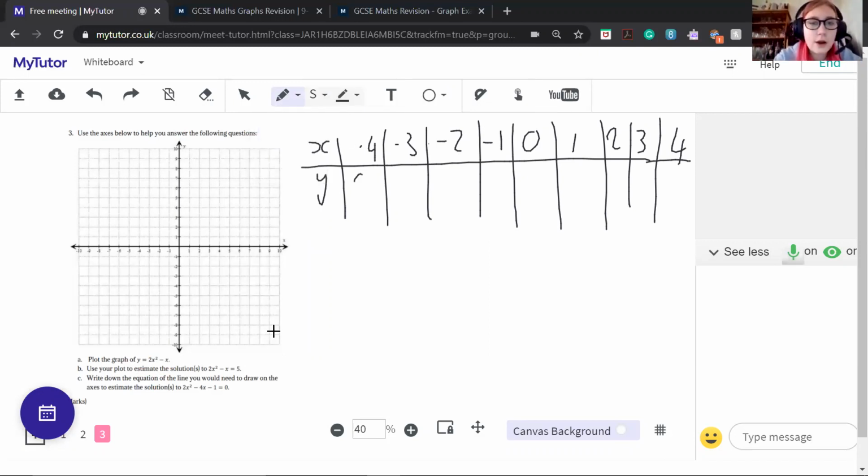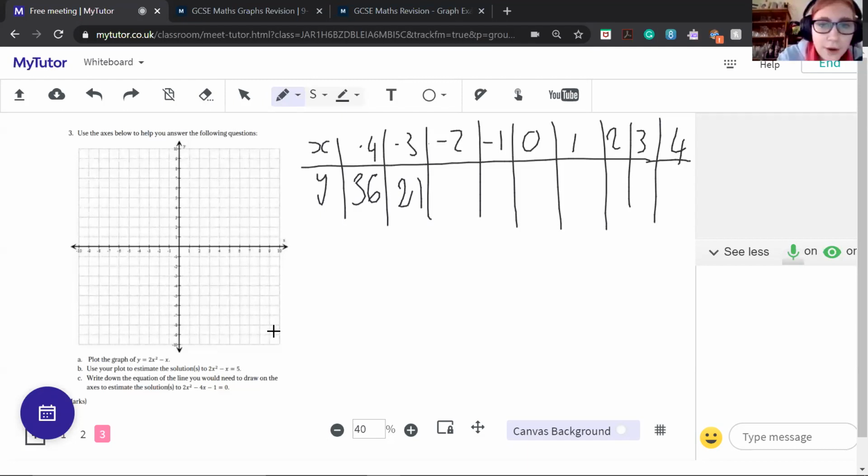So we know it's really high, but we can't plot it. Minus 3 squared is 9, times 2 is 18, minus 3 is 21. Again, too high for us to plot on here. Minus 2 squared is 4, times 2 is 8, and then minus 2 is 10.